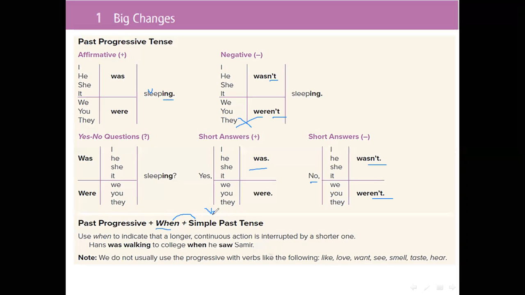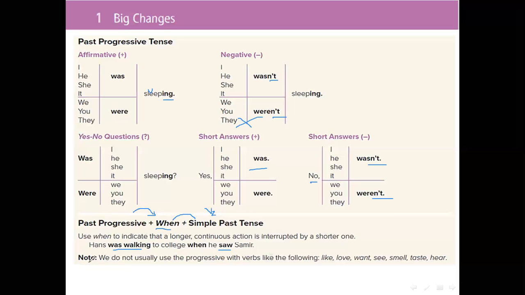The verb should be in the second form, plus ed if it's regular, and use past progressive, was or were plus ing, before when. Clear now? When is followed by simple past form, okay? And past progressive tense will be before when. Hans was walking to college when he saw Samir. Past simple tense and past progressive tense.